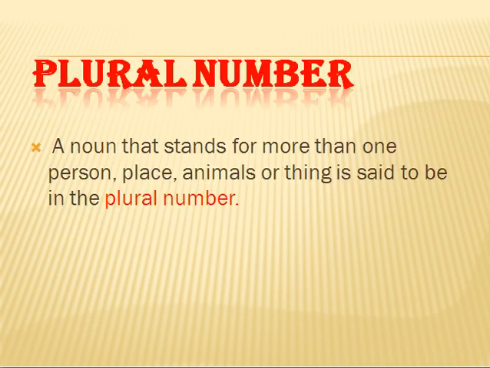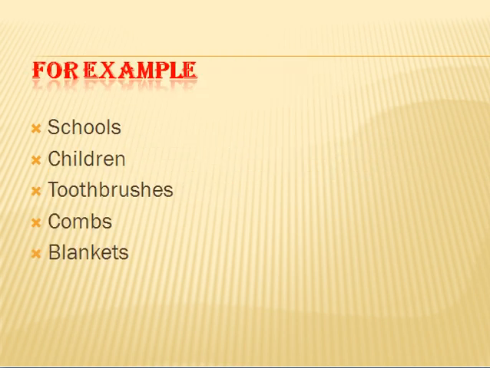Now plural number. A noun that stands for more than one person, place, animal or thing is said to be in the plural number. For example, schools, children, toothbrushes, combs, blankets.